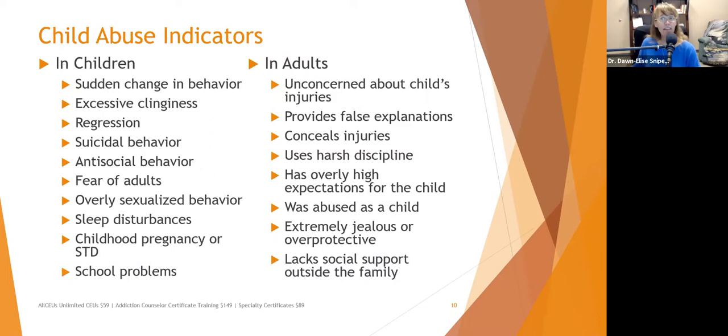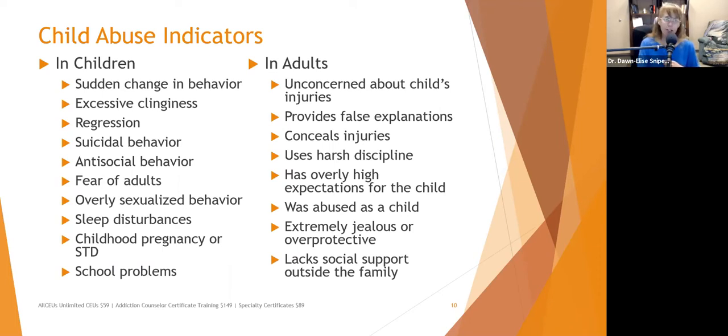If the child evidences a sudden change in behavior, excessive clinginess, regression to an earlier phase like started bedwetting or sucking their thumb and is not age appropriate, suicidal behavior or antisocial behavior, if they show a fear of adults, especially their caregivers, if they demonstrate overly sexualized behavior, if they have sleep disturbances, if they have a childhood pregnancy or STD or school problems, these are all indicators of possible abuse.